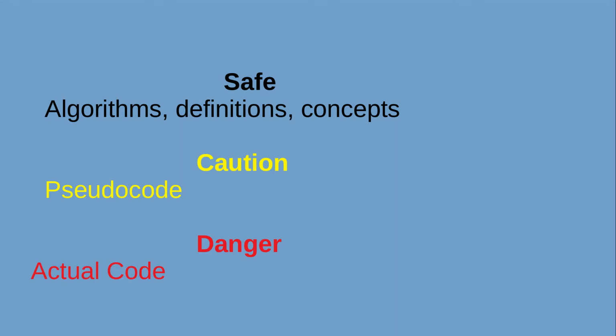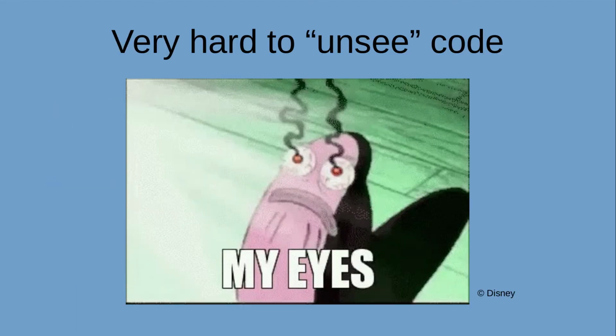Definitely on the other side of the line is actual code. If you're looking at actual code or letting somebody else see your actual code, that's a danger area, and there's a chance it's going to burn you. I've seen reference to various ways to deal with this, but basically it's very hard to unsee something once you see it.